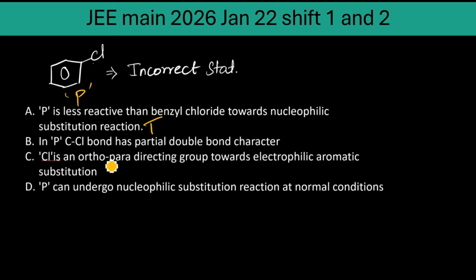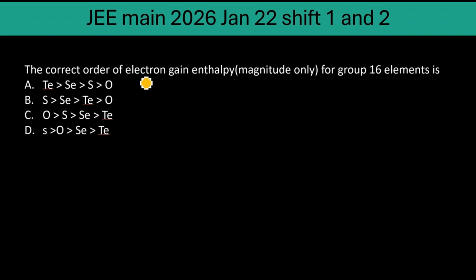So this is true. And in P, the C-Cl bond has partial double bond character. That is true. Cl is an ortho-para directing group towards electrophilic aromatic substitution. That is also a true statement. This is deactivating but ortho-para directing. P can undergo nucleophilic substitution reaction at normal conditions. That is false. As I told you, I need special conditions like high temperature and pressure, like Dow's process.